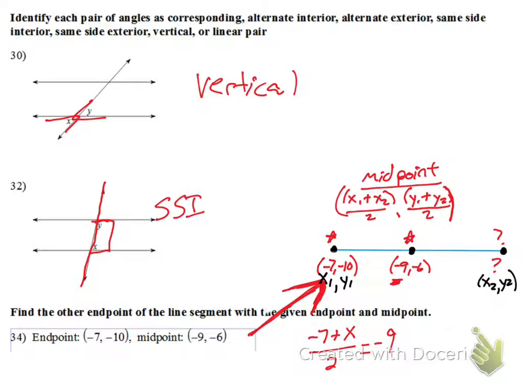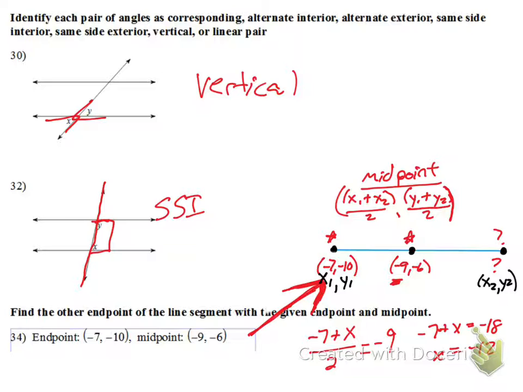So then I would just solve that. I'd multiply each side by 2. So -7 plus x is going to be equal to -18. Then I'd add 7 to each side, so then x is going to be equal to -12. No, not 11, 12.